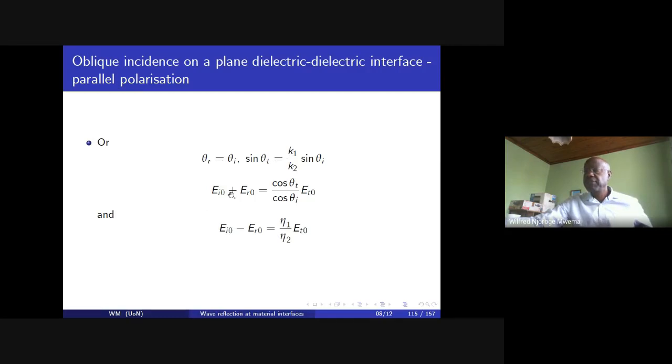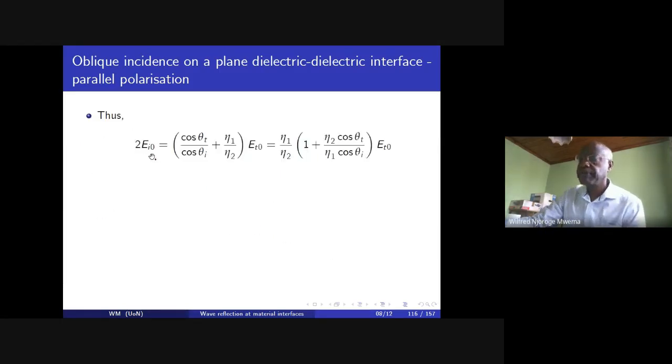And therefore, looking at the amplitude relationship, the sum of the incident amplitude plus the reflected amplitude is given by the cosine of the angle of refraction over the cosine of the angle of incidence, multiplied by the amplitude of the transmitted wave. The difference is given by a simple expression, which is eta1 over eta2 multiplied by Et0.